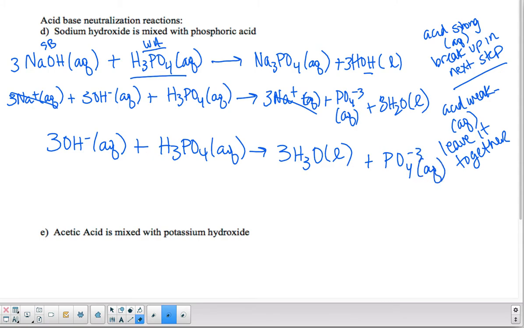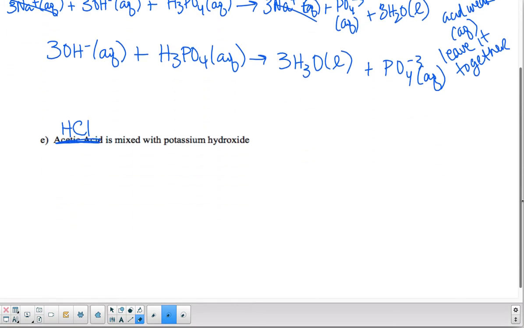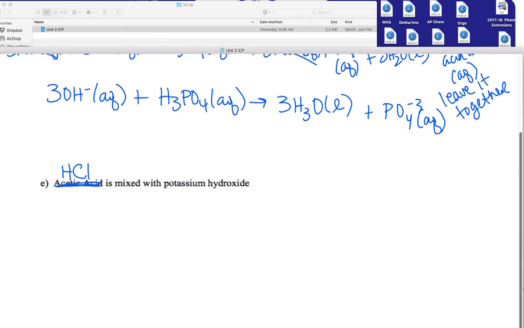All right? I want to change this one here. I want to make this hydrochloric acid real quick to prove a point. So change your acetic acid to hydrochloric. All right, let's classify my acids and bases there.